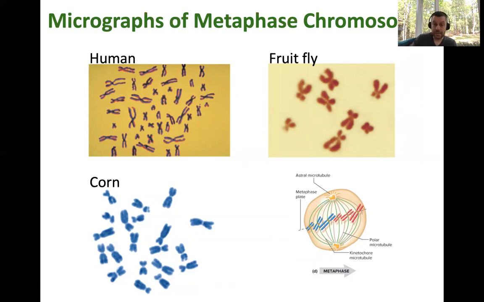And they've been replicated as well, and they generally appear like X's. So you see some metaphase chromosomes from humans, Drosophila, and from corn on this slide. And that's often what people think about when they think about pictures of DNA. But now you know what you're really looking at is metaphase chromosomes of organisms. And again, it's just because they're easy to visualize and look at because they've been condensed and they're easily separated.